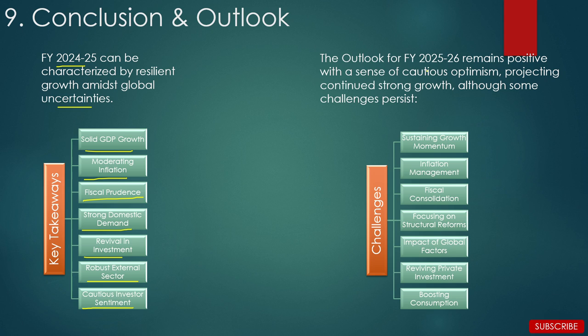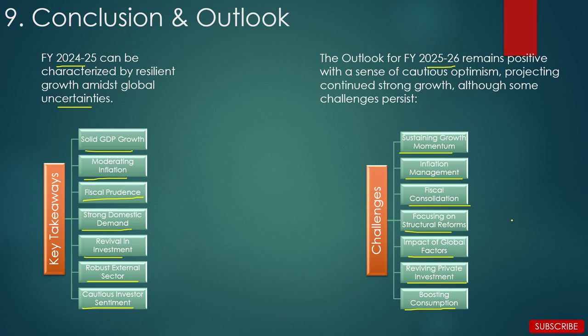The outlook for the next financial year remains positive with a sense of cautious optimism, projecting continued strong growth, although some challenges persist, and the major ones include sustaining growth momentum, inflation management, fiscal consolidation, focusing on structural reforms, impact of global factors, reviving private investment, and boosting consumption.